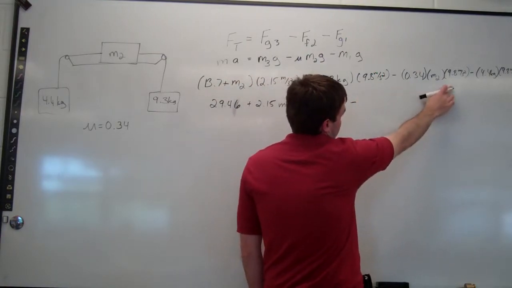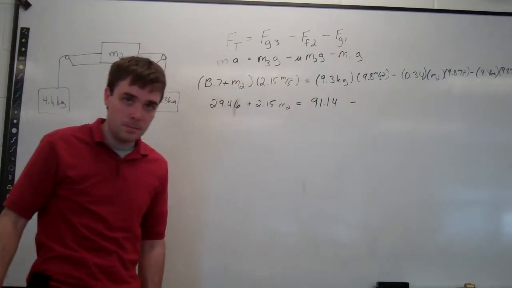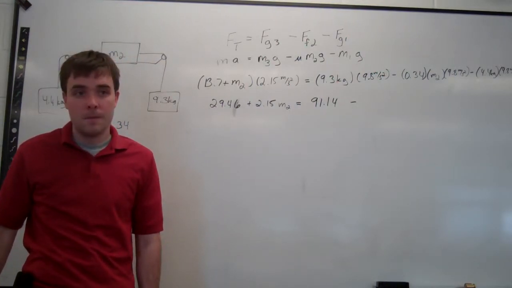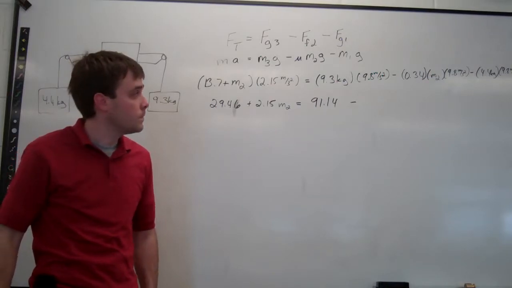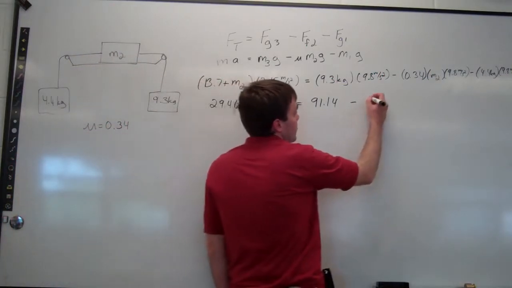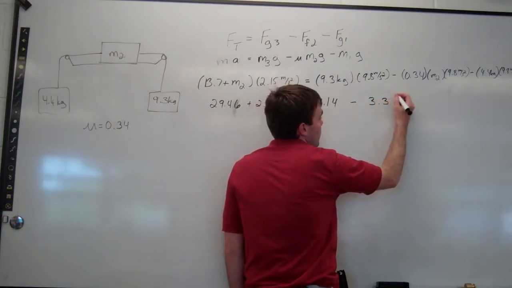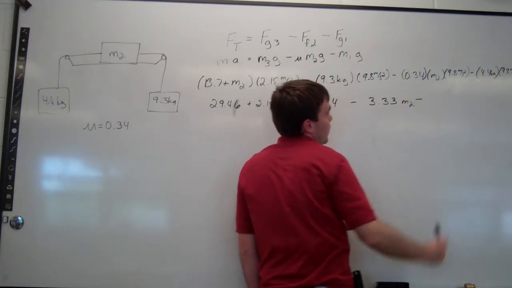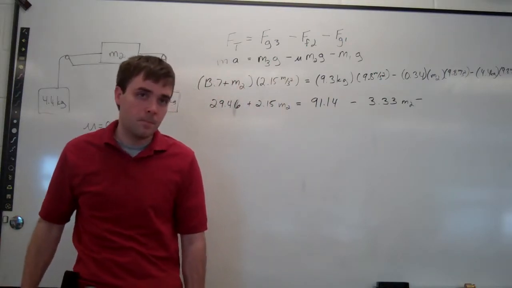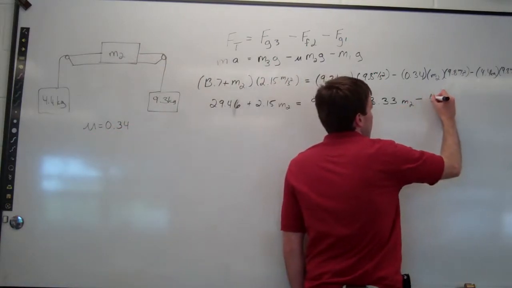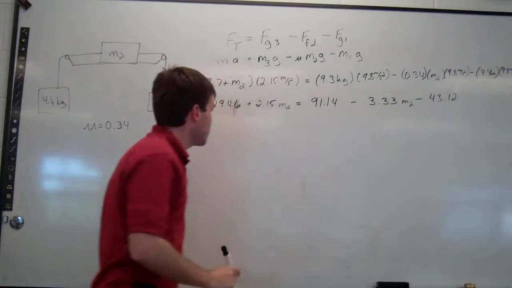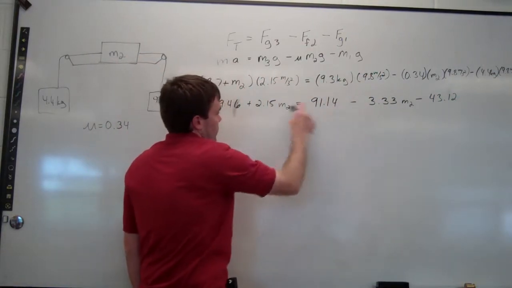Minus what's 0.34 times 9.8? 3.332, times m2. Minus what's 4.4 times 9.8? 43.12.